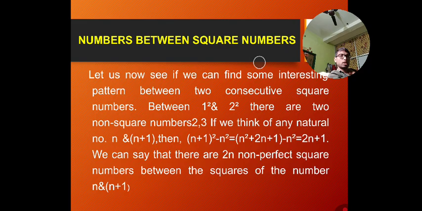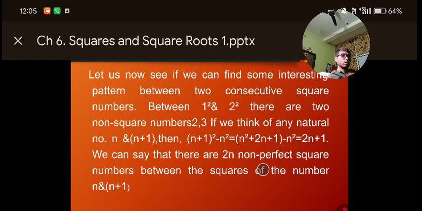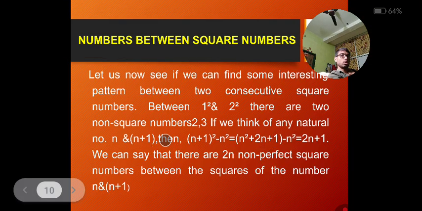Numbers between square numbers. Let us see if we can find some interesting pattern between two consecutive square numbers, between 1 squared and 2 squared. There are two non-square numbers, 2 and 3.